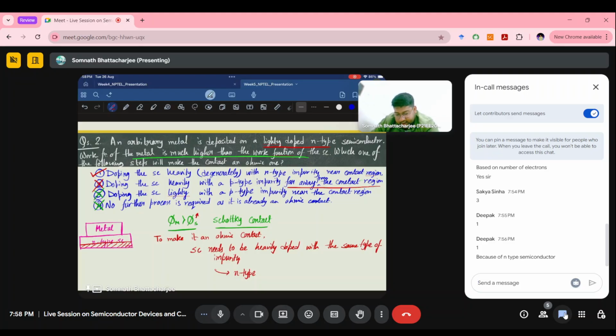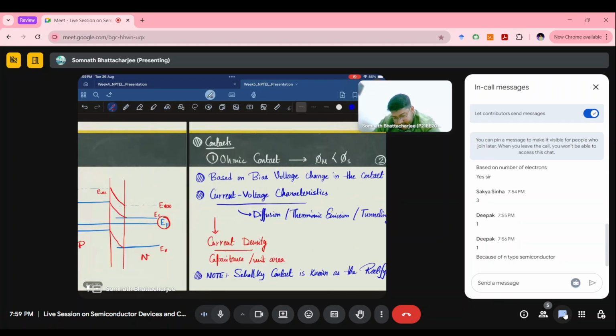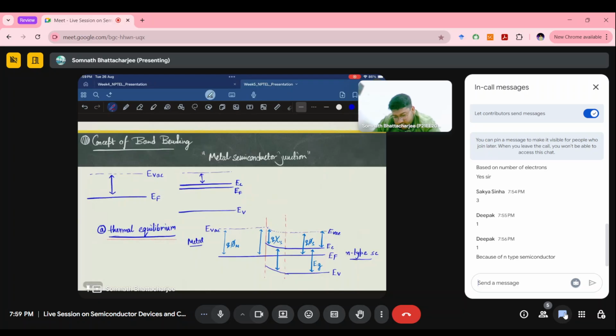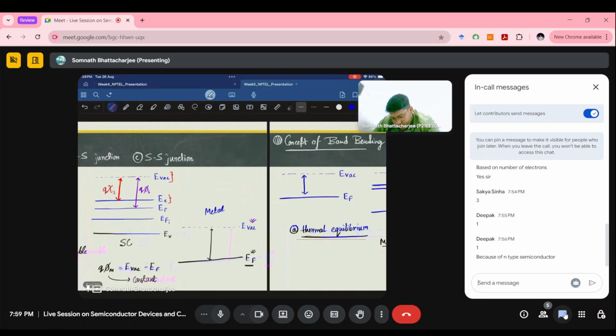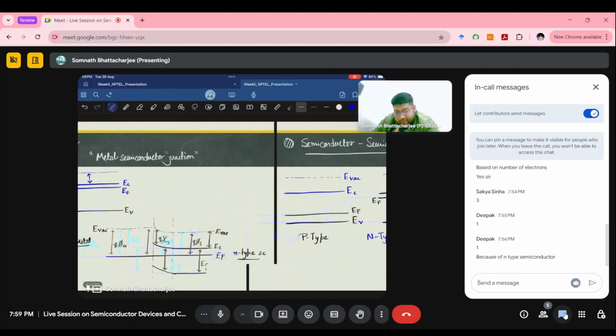Now the case is that we need to make it like this, right? How can we make it like this? By changing the Fermi level, right? The work function is nothing but the difference between E vacuum and EF.